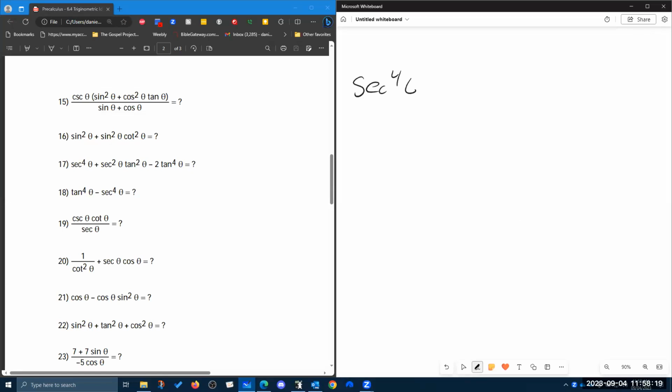Secant to the fourth theta plus secant squared theta tangent squared theta minus 2 tan to the fourth theta. So this one's a little different than before.